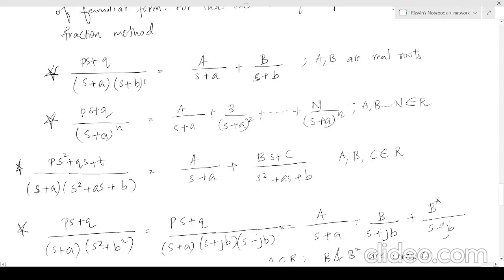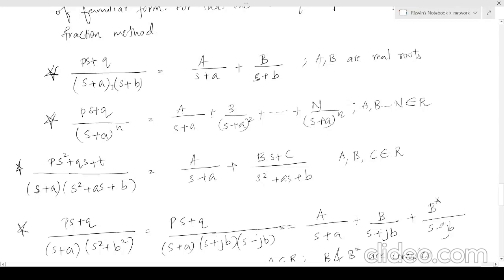Now let's discuss a few techniques for finding the partial fraction from a complex term like this on the left hand side. Here we have two simple roots, s plus a and s plus b. Initially it will be a product, s square plus (a plus b) into s plus ab, maybe you will arrive at this equation.